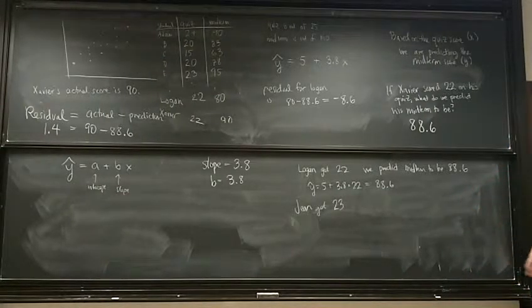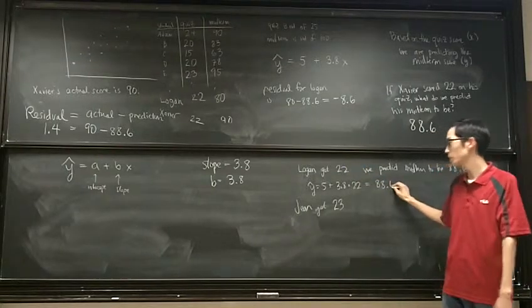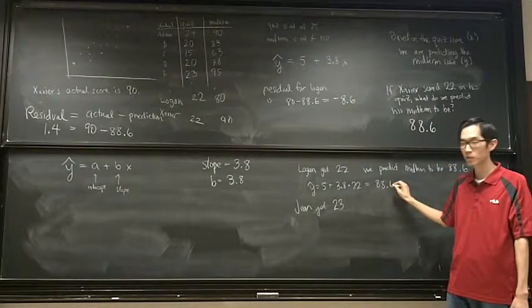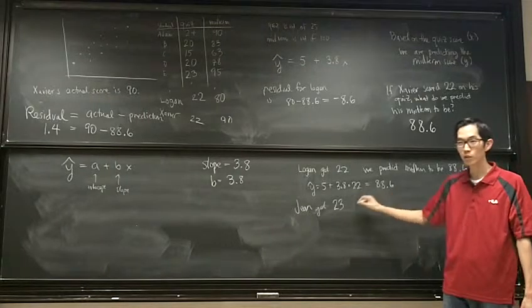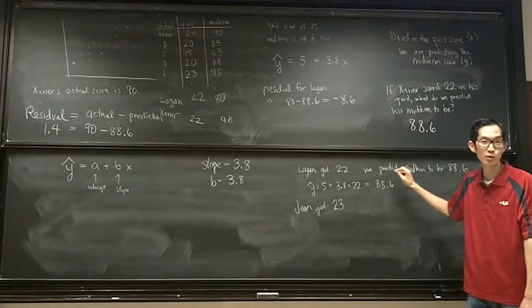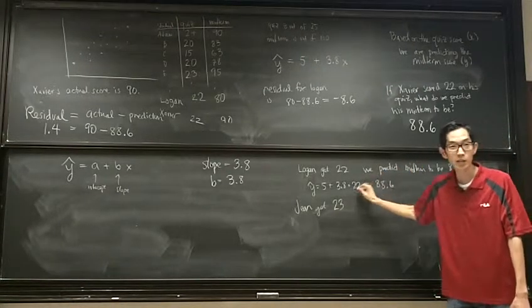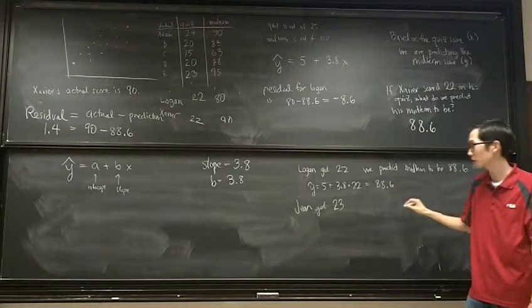Now we can plug all of this in, but I can say, well, if Logan got 22 and we predicted his score to be 88.6, Jean got one more point than Logan, so I would predict her midterm score to be how many points higher? 3.8 points higher.